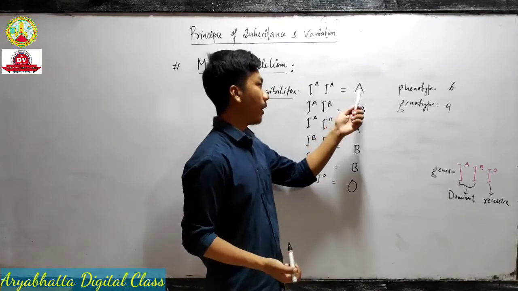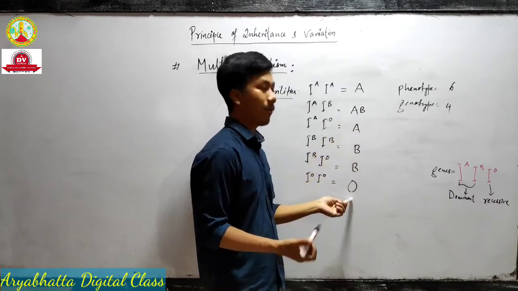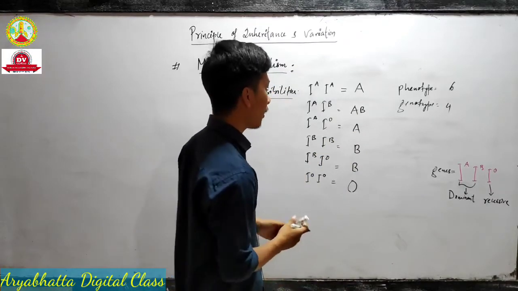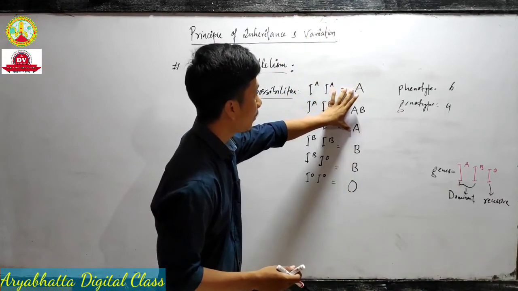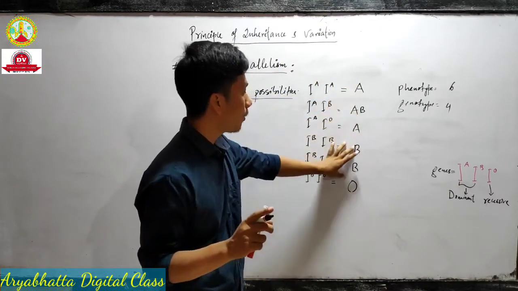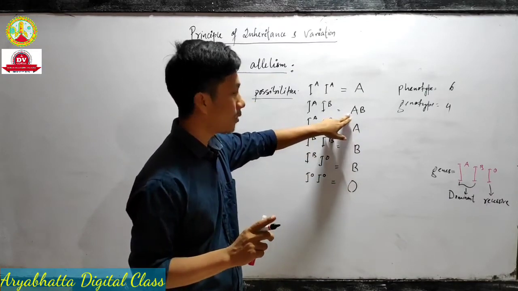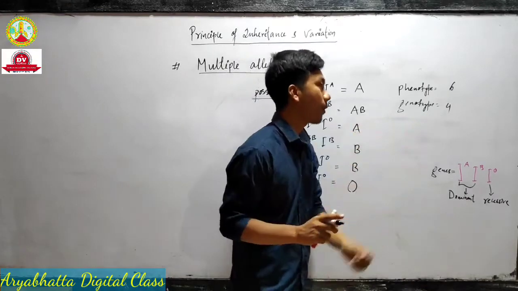So we have A, A, B, B, AB and O. They are the external appearance. So we have a total of 6 phenotypes. Genotype: we have A, that is 1, B, 2, AB, 3, and O, 4. So we have 4 genotypes.